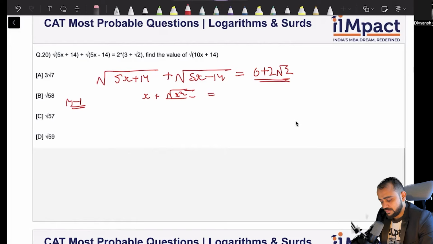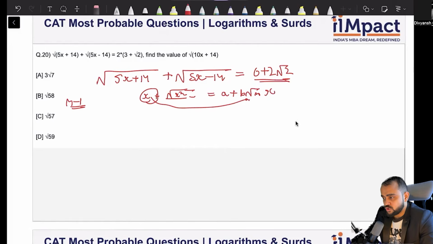This will also be some integer a plus b root n sort of format. How do I deal with this afterwards? You will say that I'll take x this side, and if you square it again, your x squares will cancel, but would you not end up with an x into root n sort of situation, which is going to be ugly?